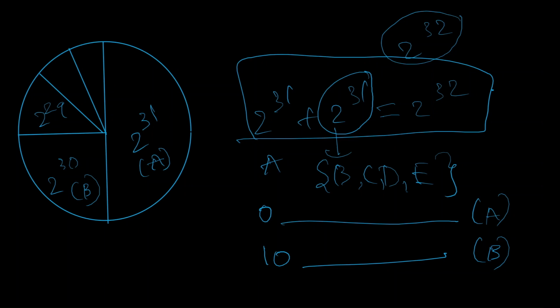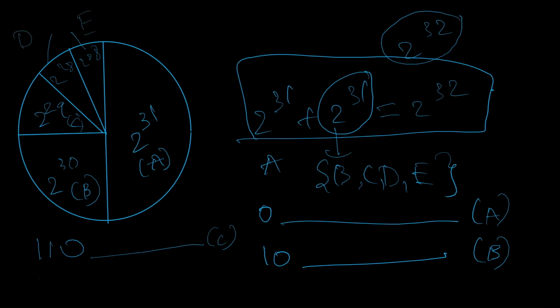So this 2 power 29 corresponds to class C, and class C will start with 110 followed by anything. This comes under class C, and the remaining 2 power 29 are divided into two halves, 2 power 28 and 2 power 28, which are D and E.